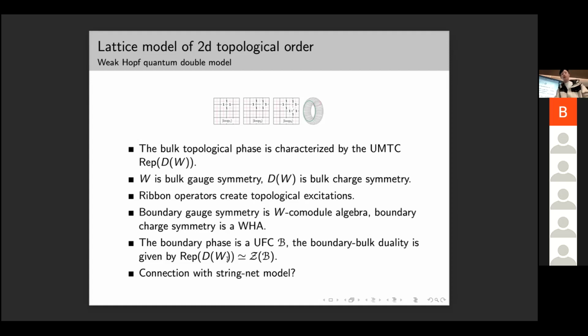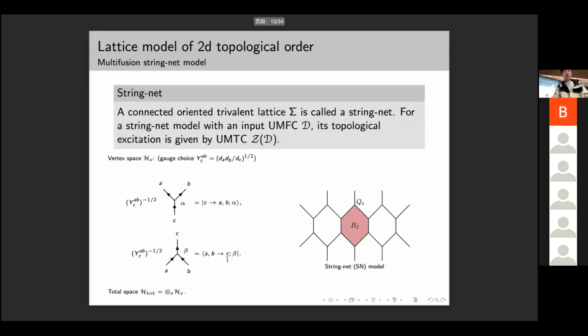We guess that this is equivalent to the string-net model with the input as Rep W. But we know that for Rep W, for a given algebra, its representation category is usually a unitary multifusion category, not a fusion category. So in this case, we need to consider the multifusion string-net model.